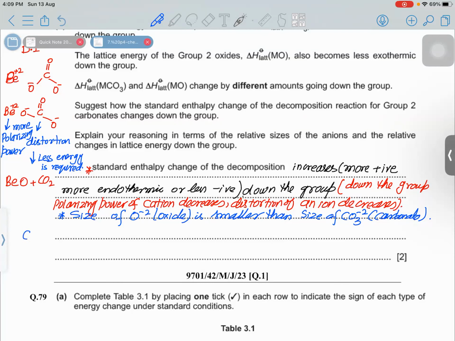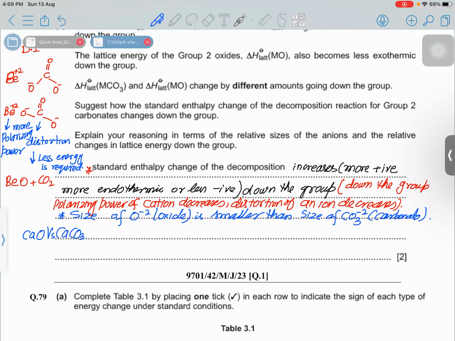Now, can you find from Google which one has more lattice energy? Calcium oxide or calcium carbonate? Yes, sir, I'm googling it. Which one is smaller, oxide or carbonate?